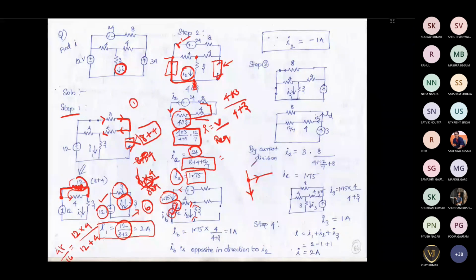So this is IC and this is IB, and IA is coming, which we have already obtained. Now you can apply the current division formula in order to find the current.